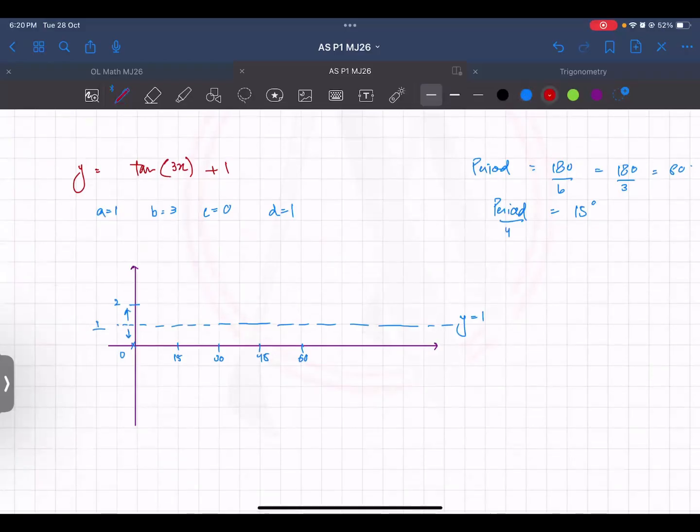So 0, 1, the exact point that we found at the second division, then it is infinity, then coming in from below, passing through minus 1, and then again 0. So your graph will be something like this.